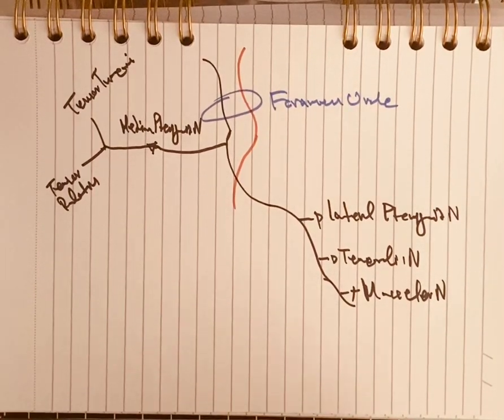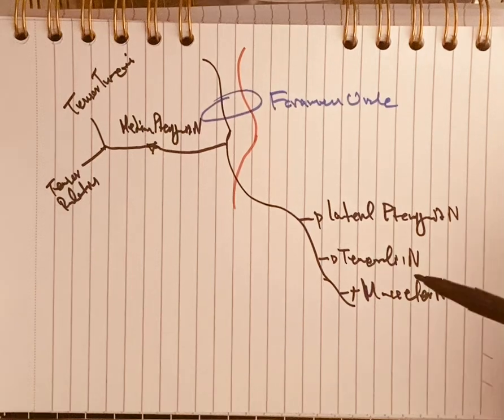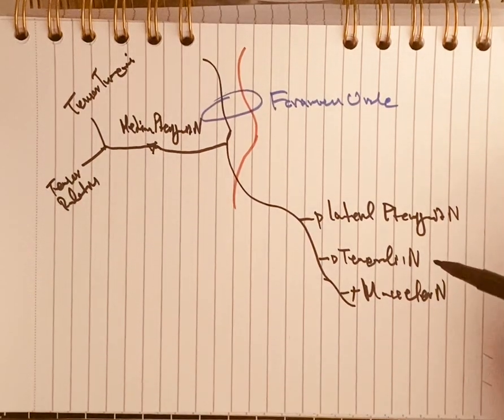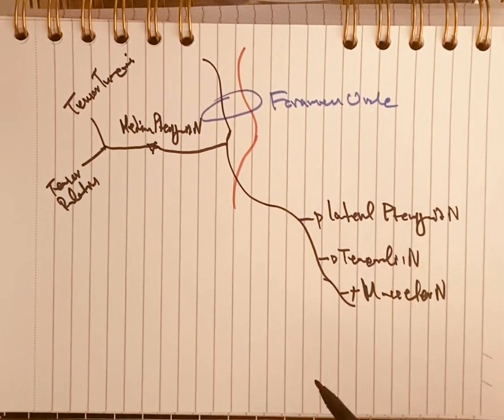Okay, so the already mentioned nerves innervate the mastication muscles, including the lateral pterygoid muscle, the temporalis muscle, the masseter muscle, and the medial pterygoid muscle.